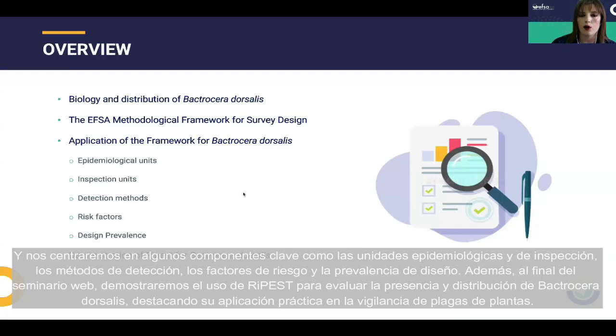Also, by the end of the webinar, we will demonstrate the use of RIPEST for assessing the presence and the distribution of Bactrocera dorsalis, highlighting its practical application in pest surveillance.